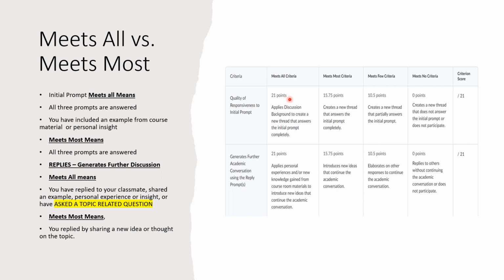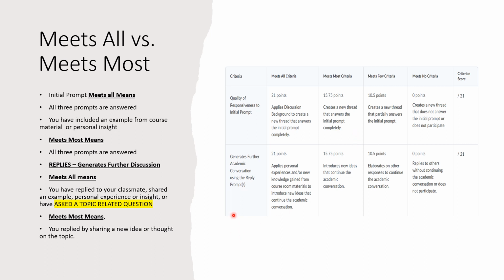Meets all criteria means that you're answering all three question prompts and you're using an example from the course material, personal insights, maybe you have an example you can share. You're adding more than just the prompts. Meets most means you're just answering the three prompts, end of story. That's it.